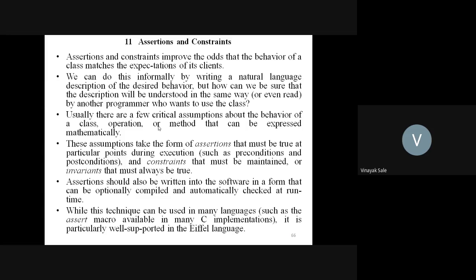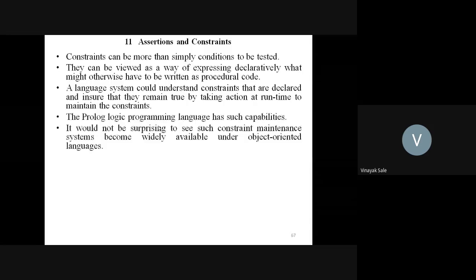So constraints can be more than simply conditions to be tested. They can be viewed as a way of expressing declaratively what might otherwise have to be written as procedural code. A language system could understand constraints that are declared and ensure that they remain true by taking action at runtime to maintain the constraints.